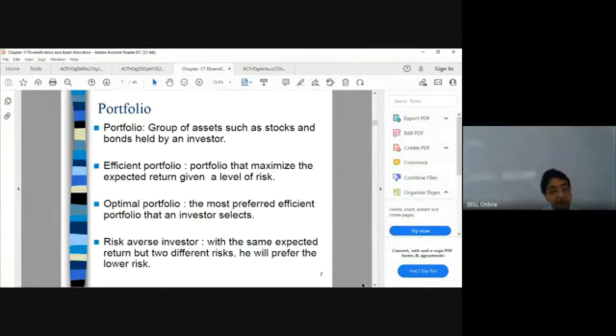Can you remember that we did a particular curve? We plotted points by looking at the expected return and risk, with risk on the horizontal axis and expected return on the vertical axis. And on that plot, we had a frontier line. That frontier is called the efficient frontier.